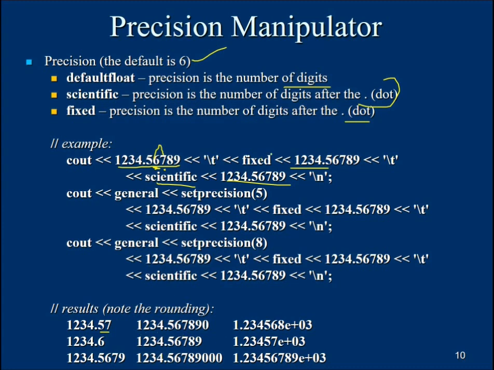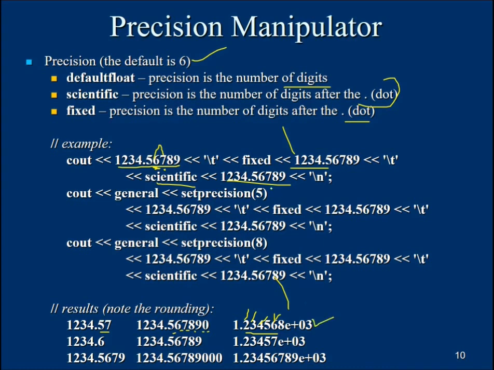I told you already how this fixed will be shown. In scientific, I already told you that 1.12345, so after this precision you have 12345 because the default is 6, the precision is 6. Again 12345 because the precision is 6, so after the decimal you will find 6 values. This 0 is padded. Okay, this is fine, this is your default.